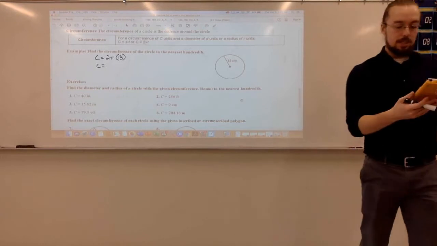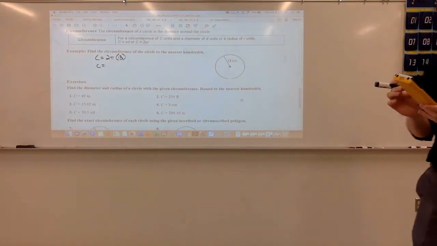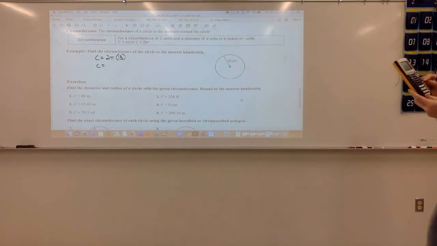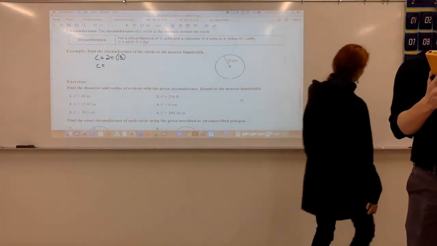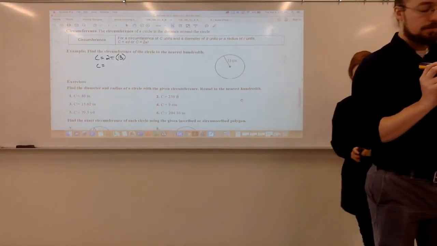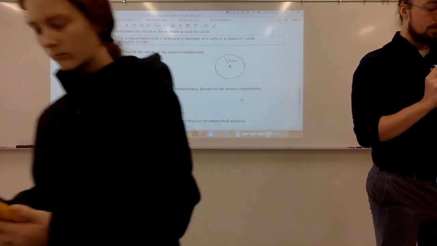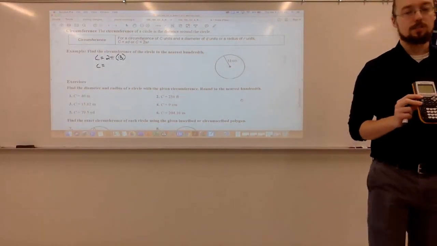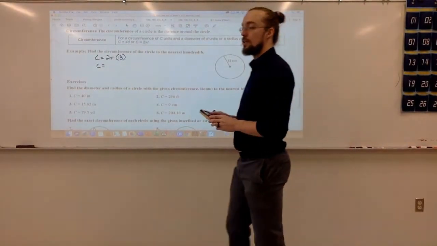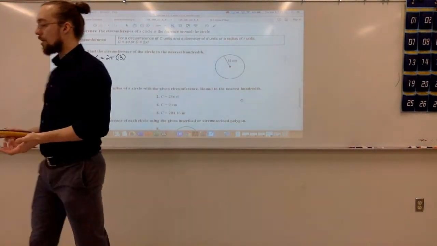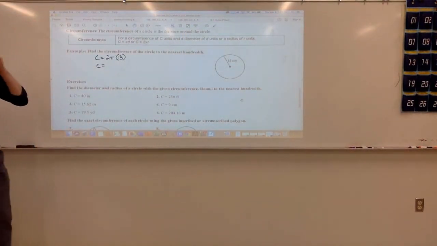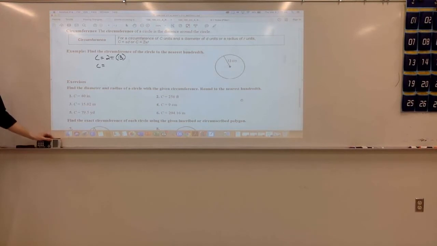On the yellow calculators, it's all the way on the right, the second button down. You have to hit second, and then the caret. Second caret will get you the exact value of pi on your calculator. So 2 times pi times 13. What does that give us?